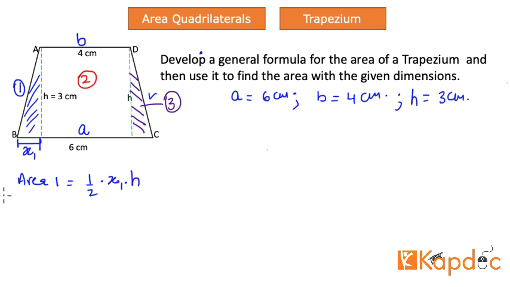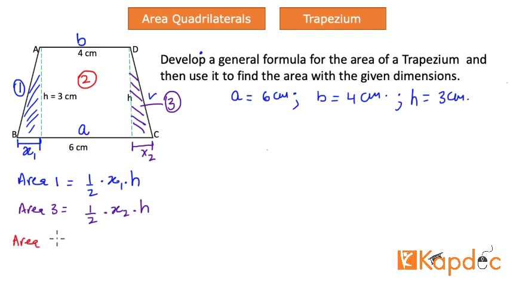Likewise, area 3 is also a triangle. If this is my base, let's say this dimension is x2. So area 3 is 1/2 times x2 times height, because these two heights are the same.